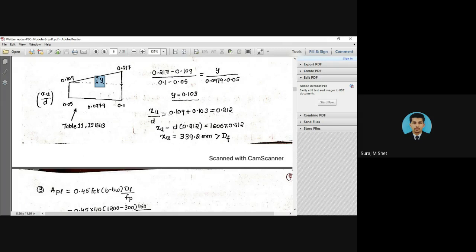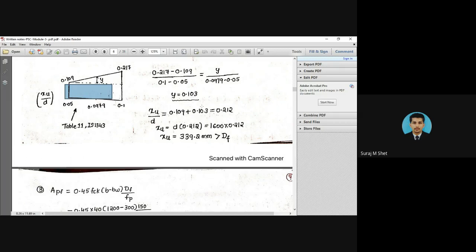So I want the overall value. I calculate y value, but I want the overall value is this. I want to calculate overall value. So what is the value of from here? See, XU by D is equal to, so XU by D value is from here to here. So you already calculate y. So you have to calculate this value. So this value is already 0.109. So this value is 0.109 plus y value. So y value you already calculated.